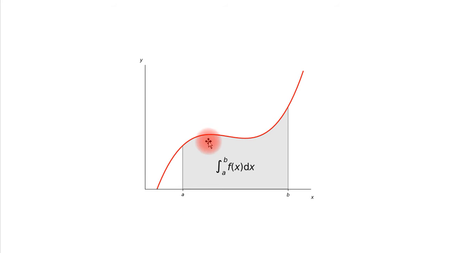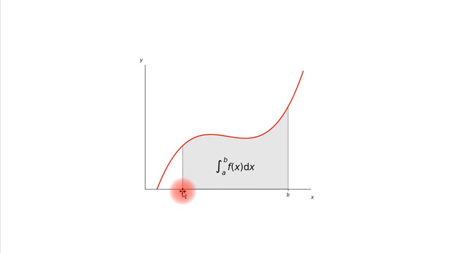This is a graph represented by this red line. Here the value of x ranges along this direction and the value of y along this direction. The value of x ranges from A to B.